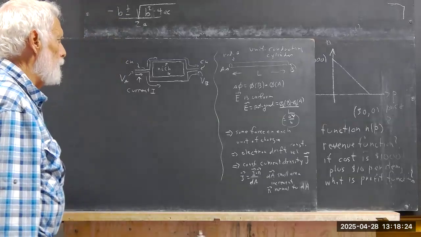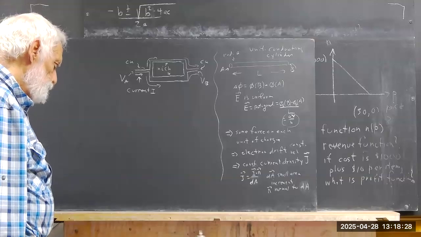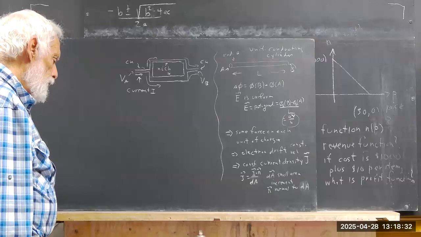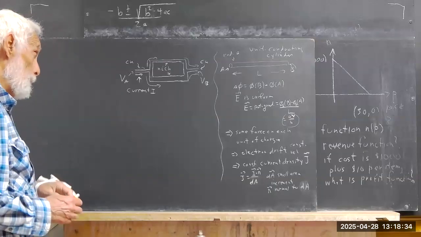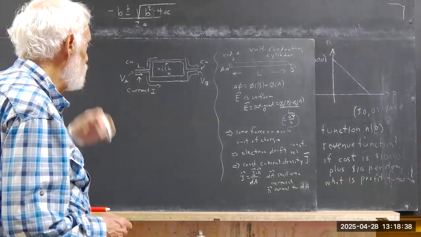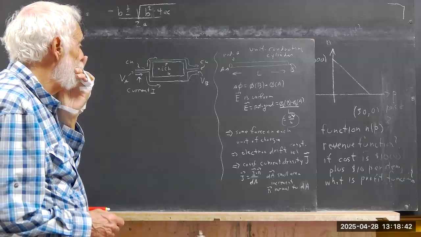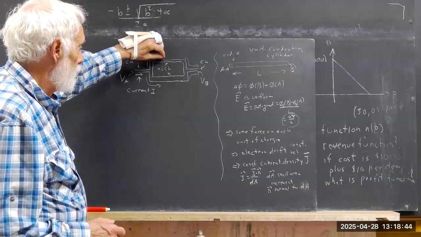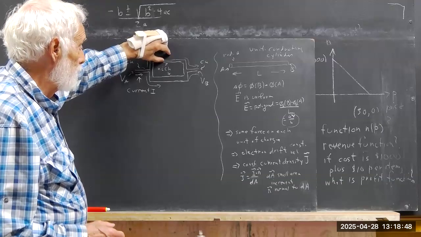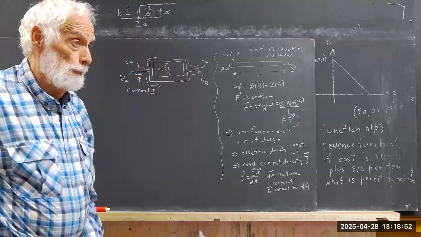Now, the reason I talk about this: you're going to get more current if you insert a switch here, and open the switch so that you no longer have continuous nichrome.